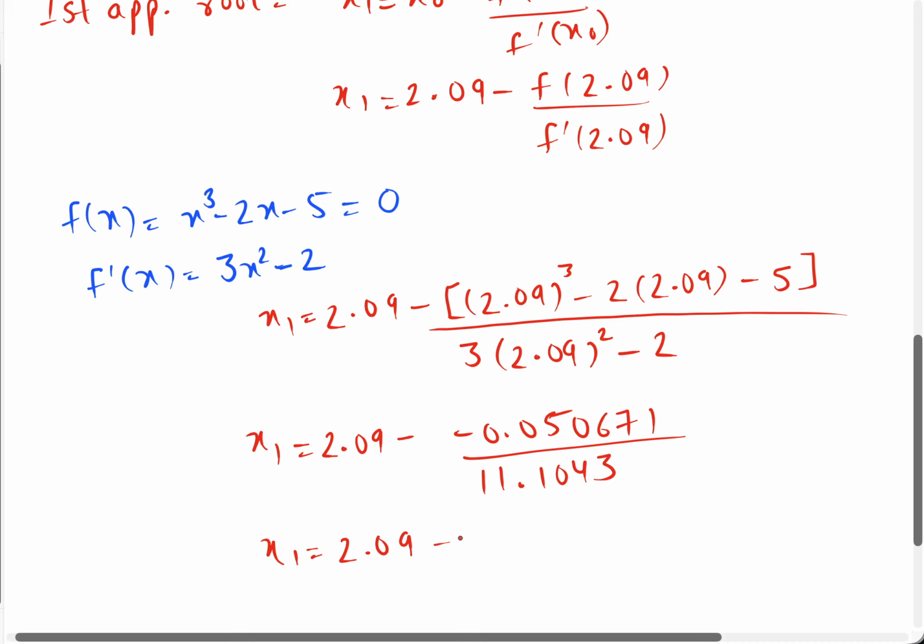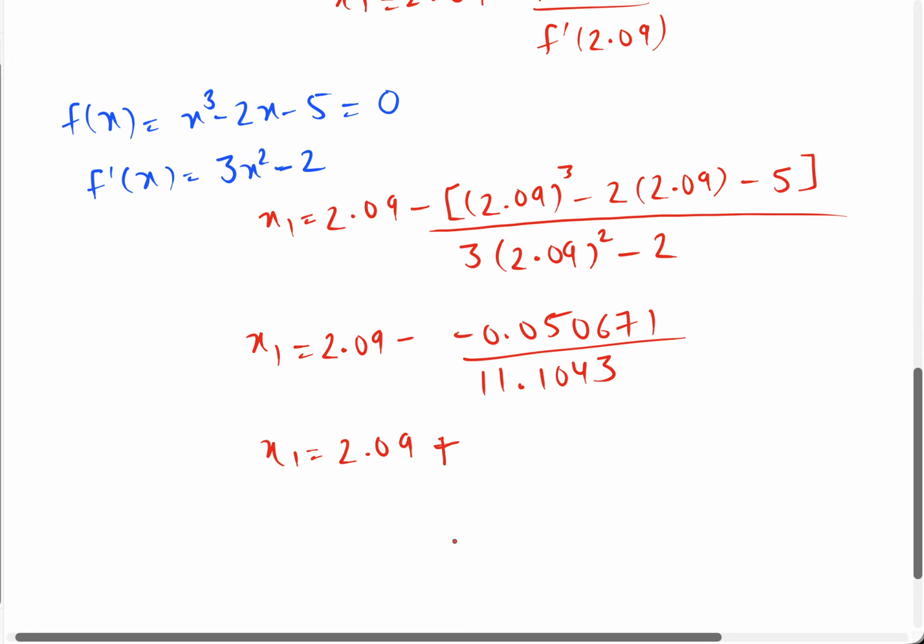0.050671 divided by 11.1043 will become 0.004563.